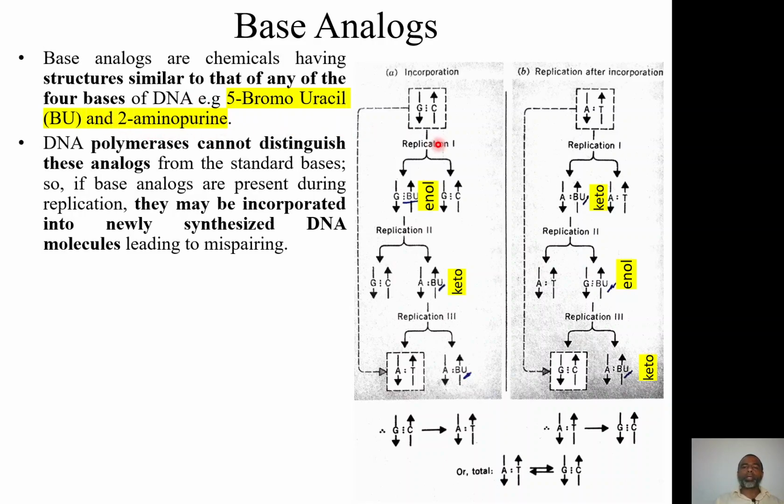In the enol form, 5-bromouracil behaves like cytosine. In the normal case the guanine must have the cytosine opposite to it, but the bromouracil is inserted over there because it resembles cytosine.